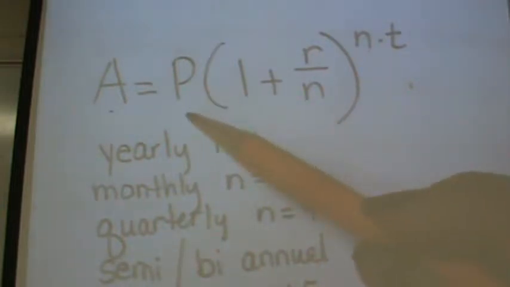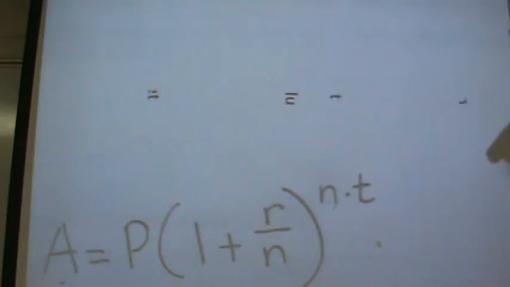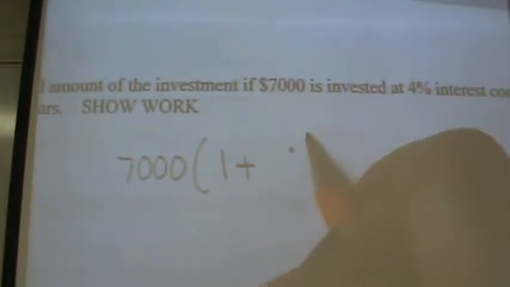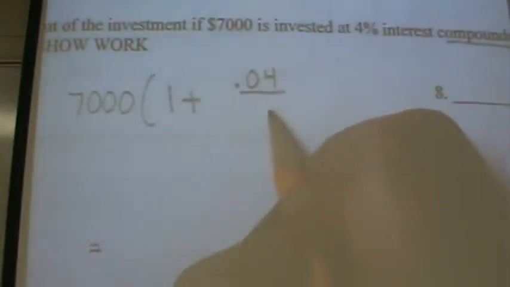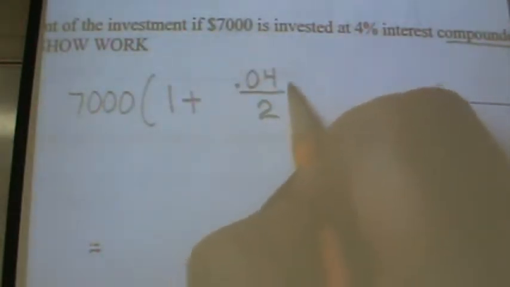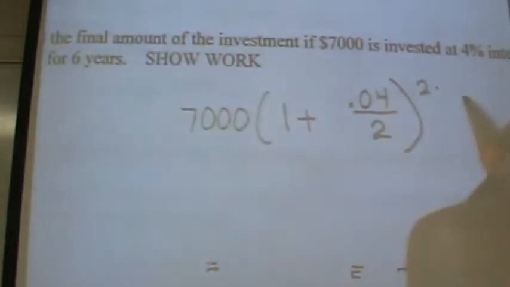So, for this particular problem, how much were we investing? $7,000 at an interest rate of 4%. Make sure you convert that to a decimal. Now, we're compounding interest semi-annual. So how many times a year is that? 2. And for how many years do we want to know? 6.